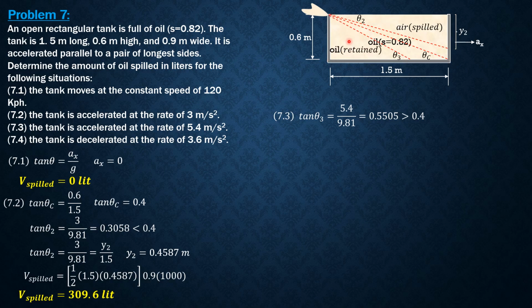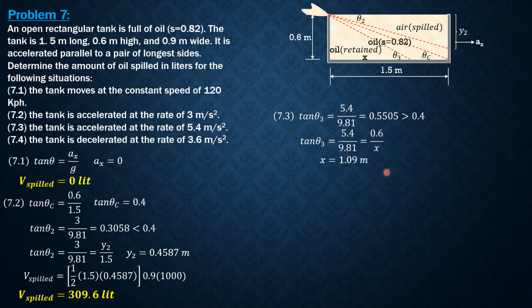We will call the distance from this intersection at the bottom to the bottom left corner x. Then tangent theta 3, which is 5.4 over 9.81, is also 0.6 over x from the figure. So from there, we can solve for x. So x is 1.09 meters.